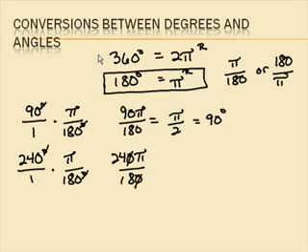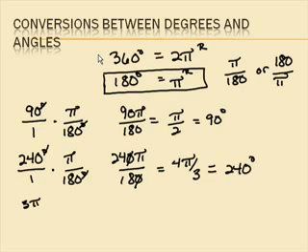Let's divide by 10, and 24 and 18 I can divide by 6, so we get 4 pi thirds. So 4 pi thirds radians is equivalent to 240 degrees. Okay, let's convert a radian measure. Let's say we have 3 pi halves.